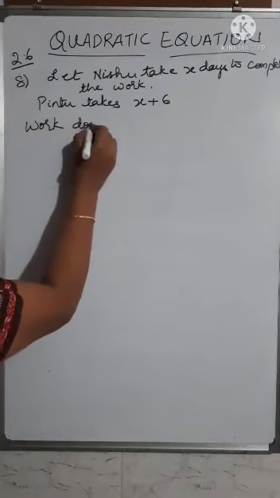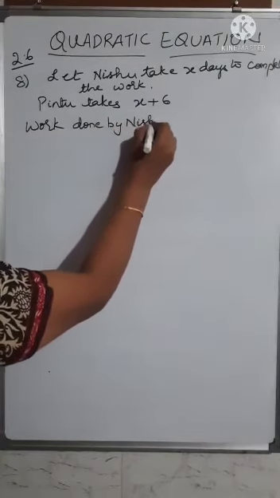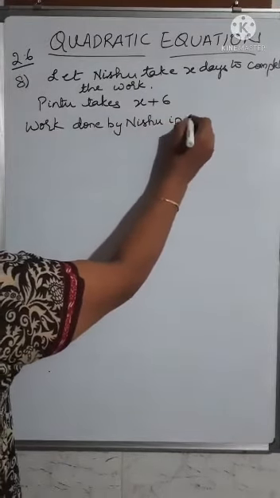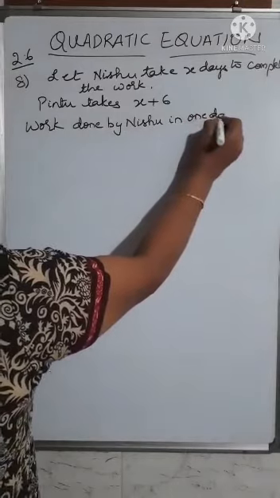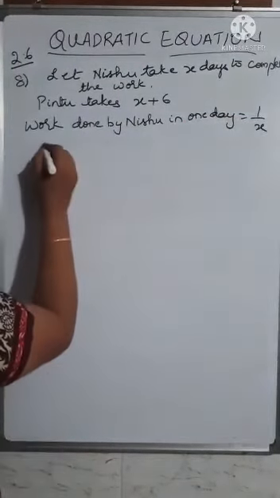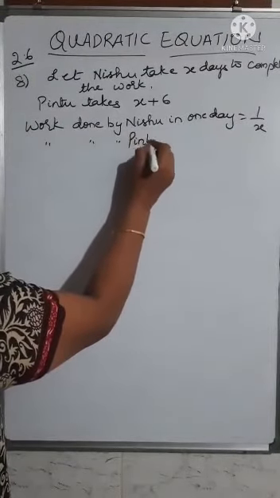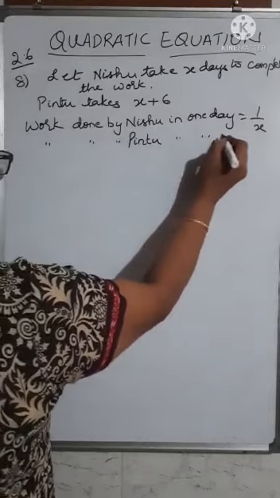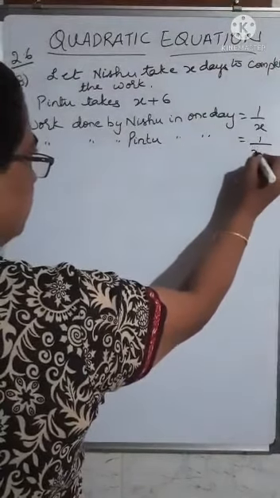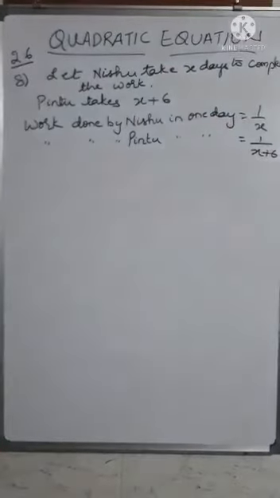Work done by Nishu in 1 day will be 1 upon x, and work done by Pintu in 1 day will be equal to 1 upon x plus 6. So these values you have to take with the reciprocal.